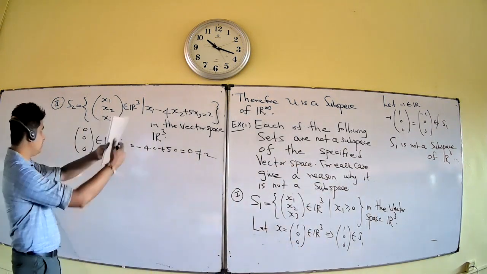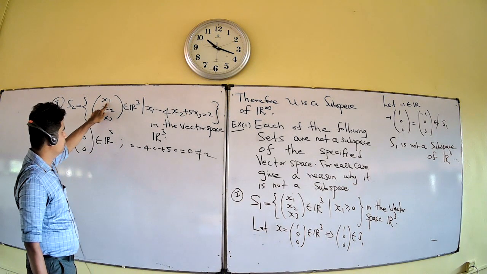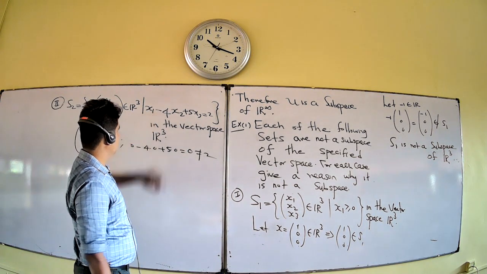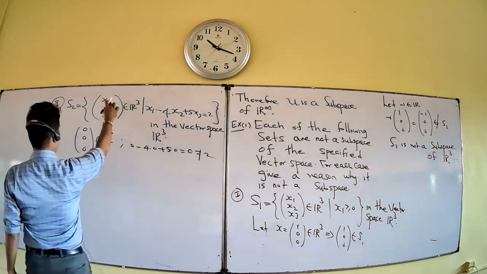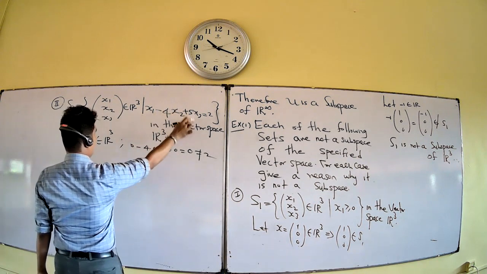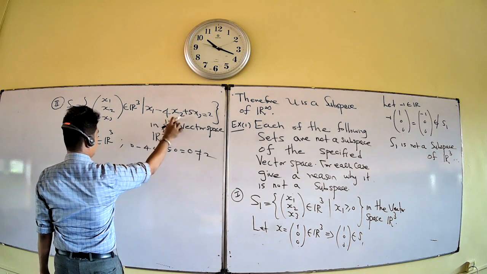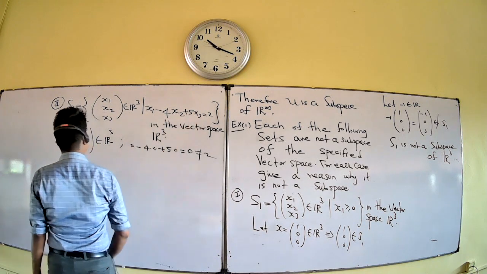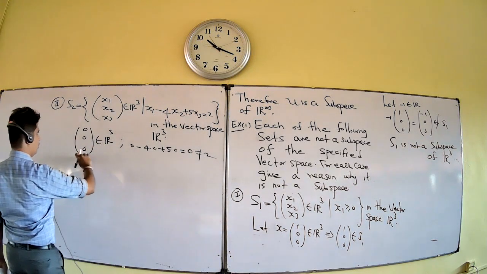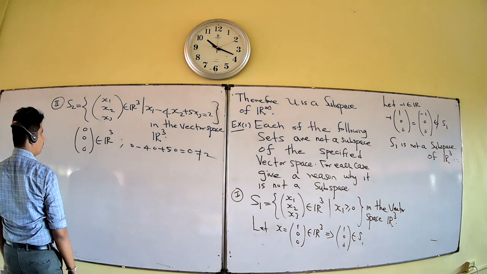But this set is maybe non-empty, because suppose you put here 5, 7, 0, 5, then you get 2. In that case the set is non-empty, okay. But you take this one, (0, 0, 0) belongs to R cubed, but not satisfying this condition.